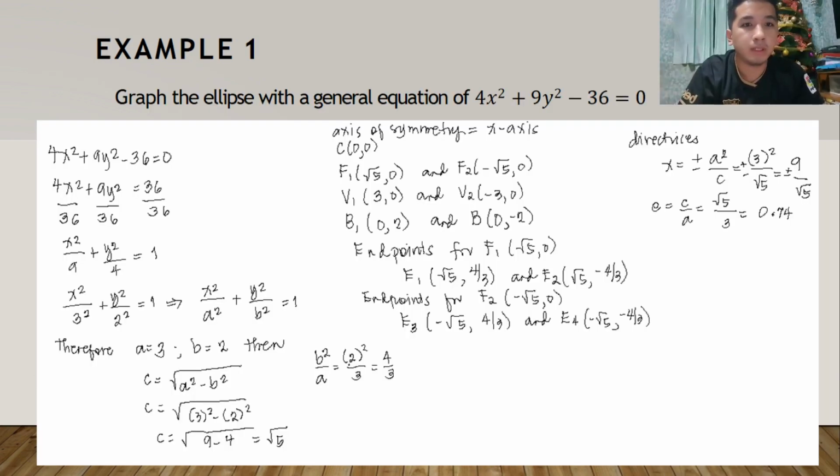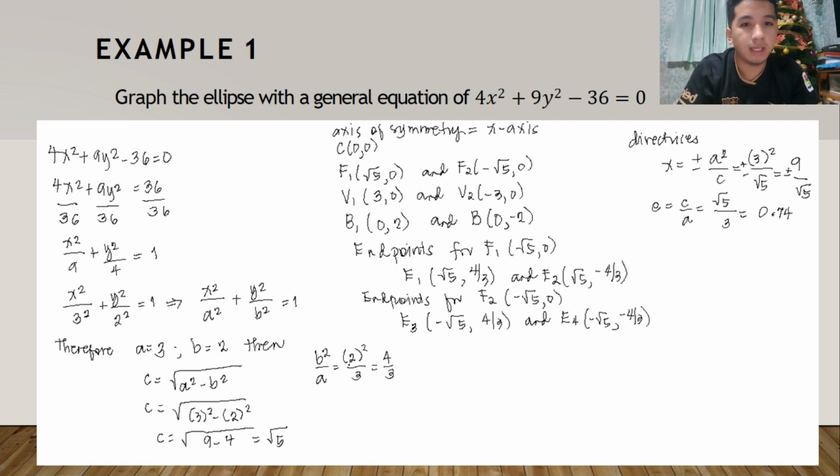So, example number 1: graph the ellipse with general equation 4x squared plus 9y squared minus 36 equals 0. First, write 4x squared plus 9y squared minus 36 equals 0. Then we divide by 36 to cancel out the 36, which gives x squared over 9 plus y squared over 4 equals 1.